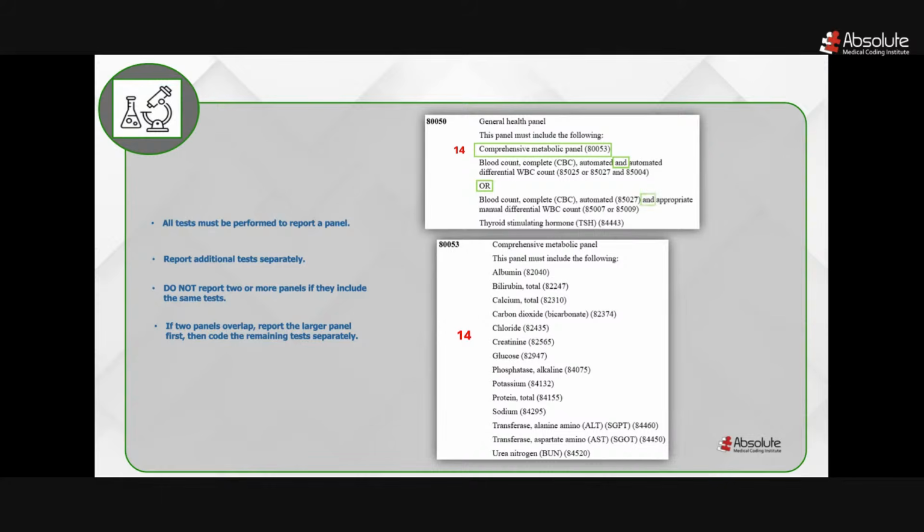So you have 14 plus 2. Also, you have a thyroid stimulating hormone test as well. So in total, 14 plus 2 plus 1, that is a total of 17 tests, right? So the general health panel has a total of 17 tests, and that is a larger panel compared to the comprehensive metabolic panel. So you will report the larger panel in this case.